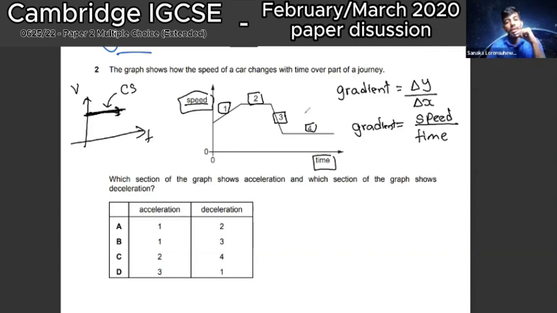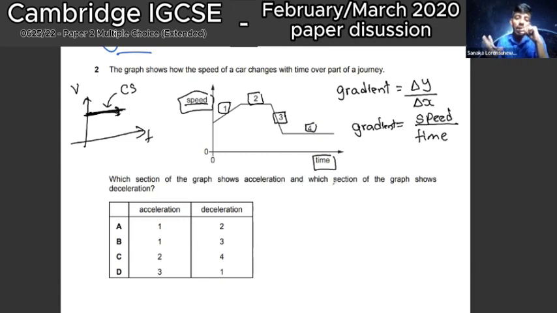Let's talk about this car journey. First the car is accelerating until it reaches a speed, then the car goes at constant speed. After that it decelerates and reaches a lower speed, and then moves at constant speed through the rest of the journey.